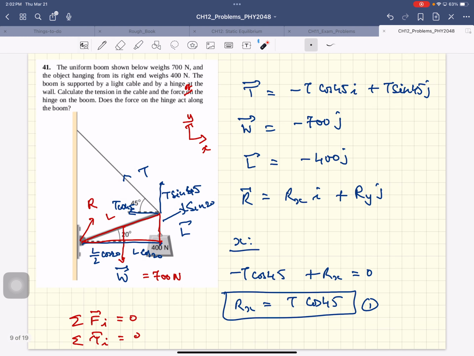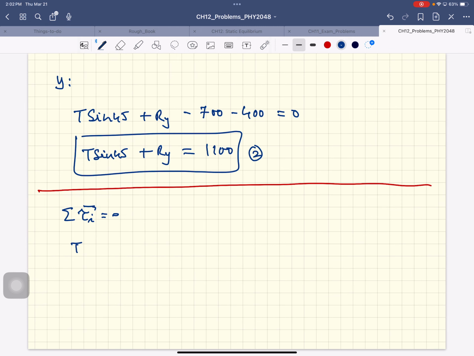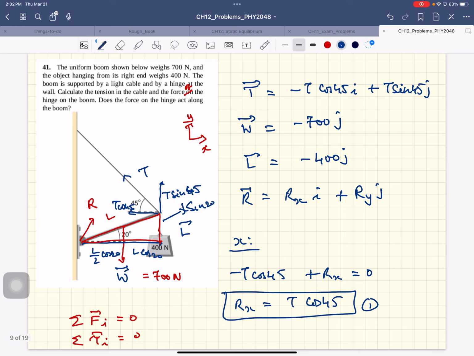All right. So, the torque of this guy, T cosine 45, there's the moment arm, which is equal to that distance, L sine 20. And that's a positive torque. What is the torque due to this force?